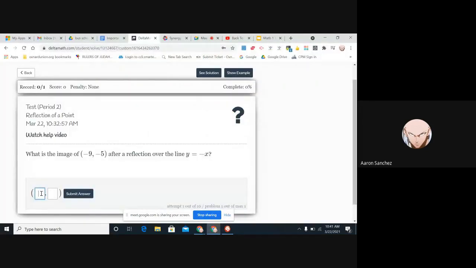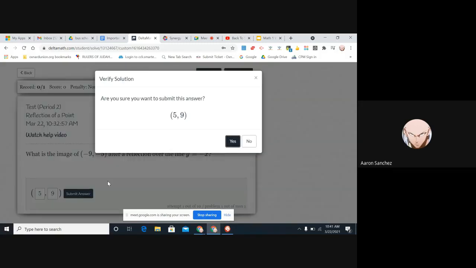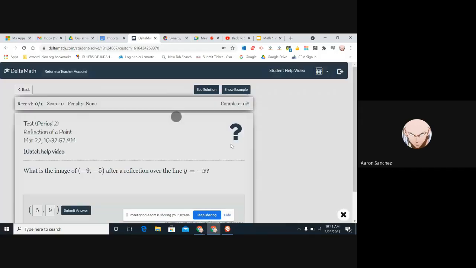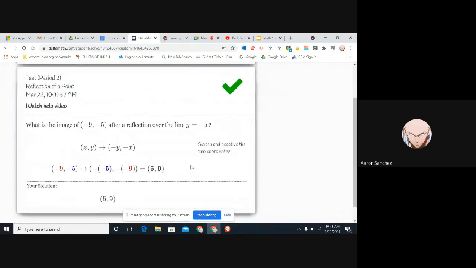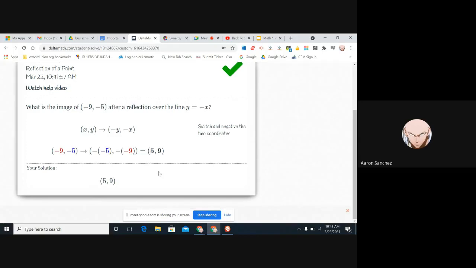All right, so let's hit 5, 9. And again, if you get stuck, you can watch the video for help. Is that right? Yes, okay. And this gives you, here's x equals y, negative x, negative y, if it's y equals negative x.